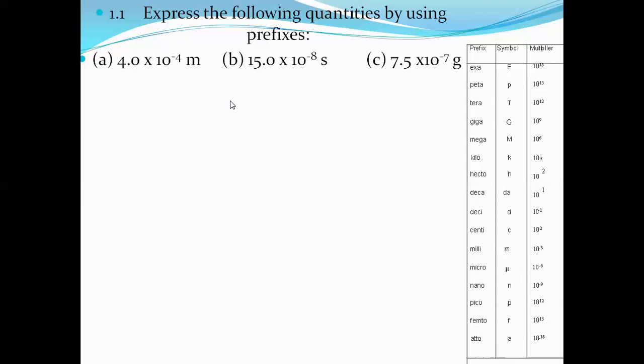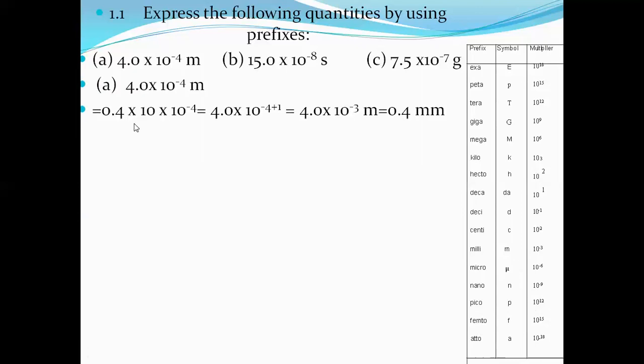For the first part, 4.0 into 10 to the power minus 4, we rearrange the decimal. We move the decimal to the next point. It will become 0.4 into 10. The similar value for this number 4.0 we can write down as 0.4 into 10.